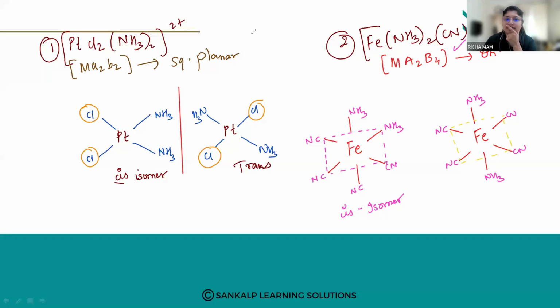Yes, very good. Yamuna has answered it. It is a trans isomer, because the atoms are opposite to each other, right? You can see that the atoms are opposite. So this is the trans isomer.